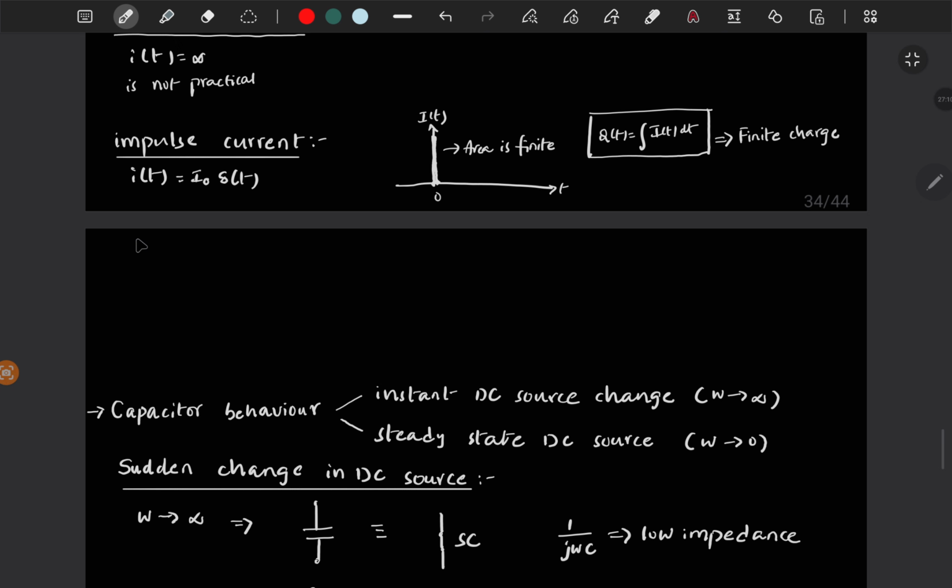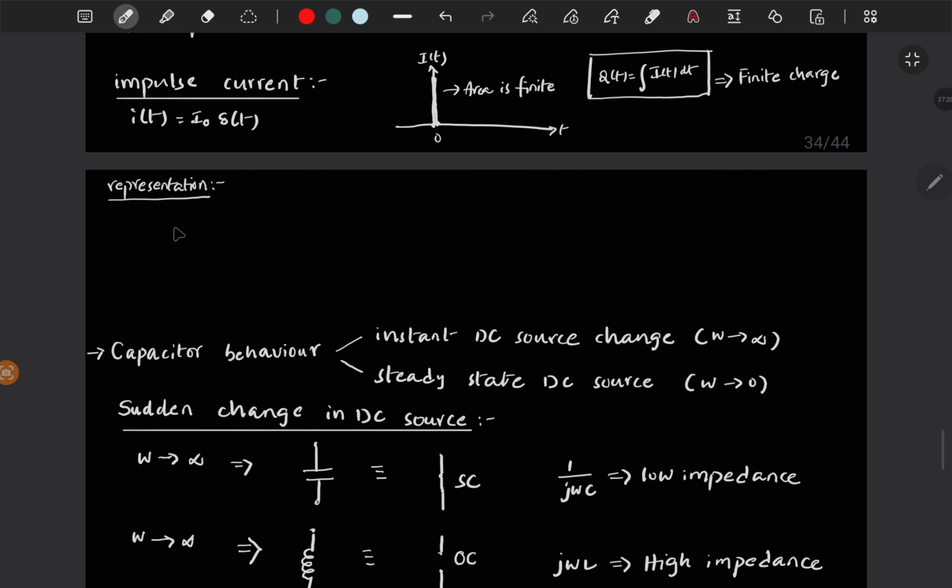So we represent the impulse current like this. Let's say this is i(t).